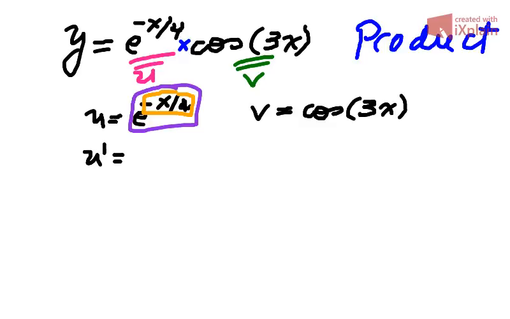So derivative of the outer function is exactly the same. Exponential, copy the whole lot. E to the negative x over 4. Derivative of the inner function, negative x over 4, will be just negative 1 over 4. The x is dropped, just like when we have a linear function and we are differentiating. We just keep the coefficient of x. Done.